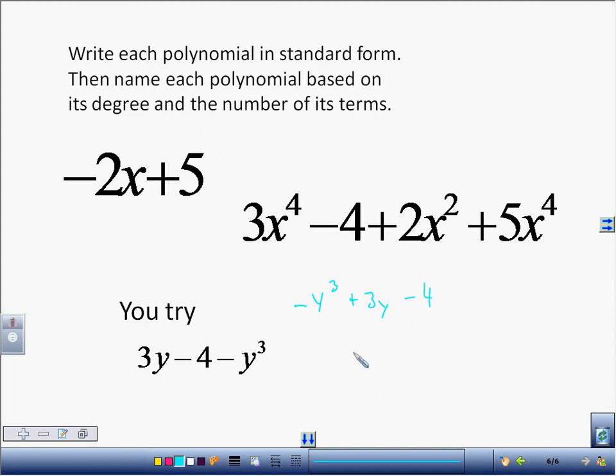And what's that called? It's a trinomial. What degree trinomial is it? Third degree, or what's the other name for it? Cubic. Good. So we would call that a cubic trinomial.